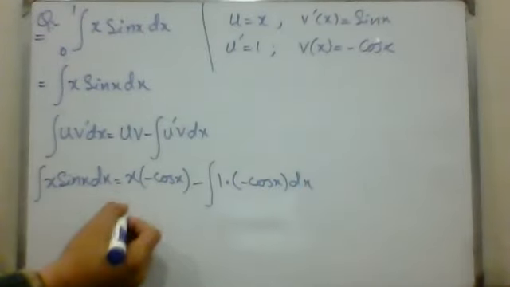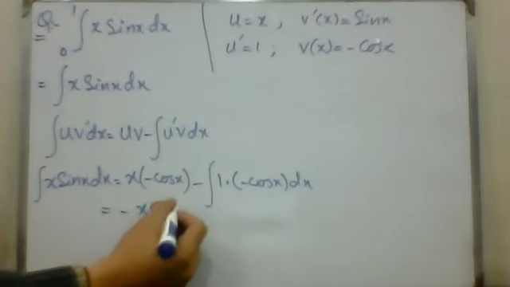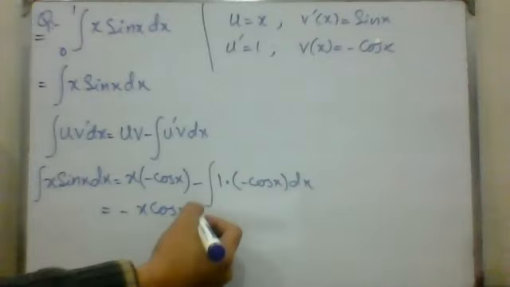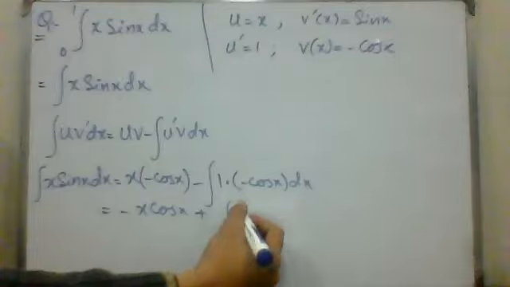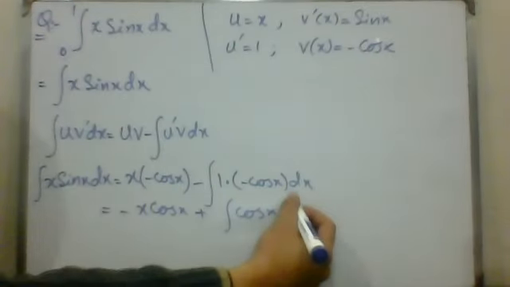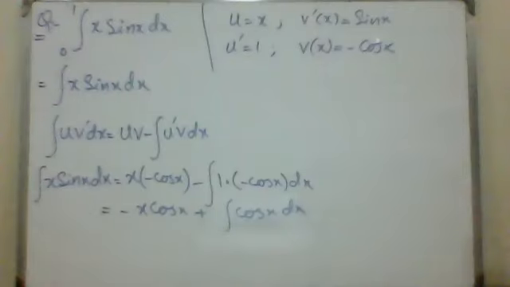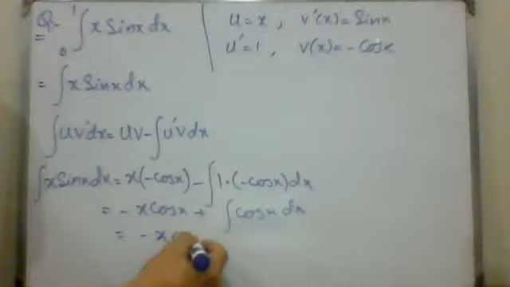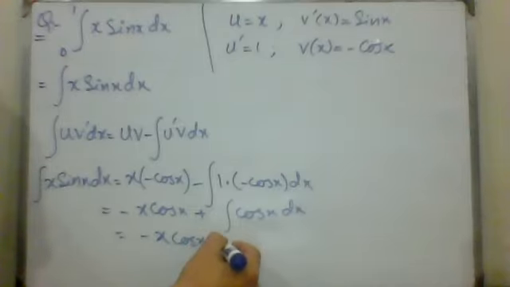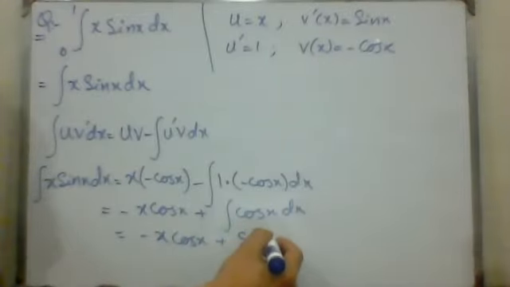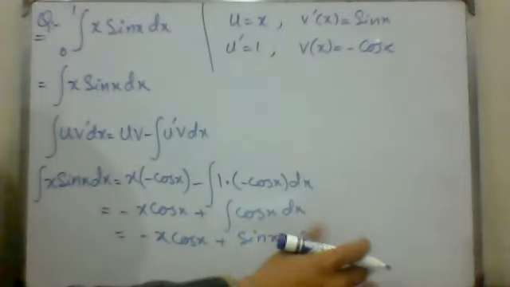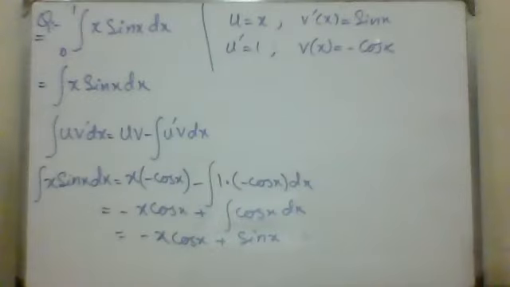So here that is minus x cos of x minus minus plus, in the integral only cos will be there, dx. If we integrate this, we can say minus x cos of x, and the integral of cos is simply sine of x, and we write plus c since that is an indefinite integral. We solved that problem just as an indefinite integral.